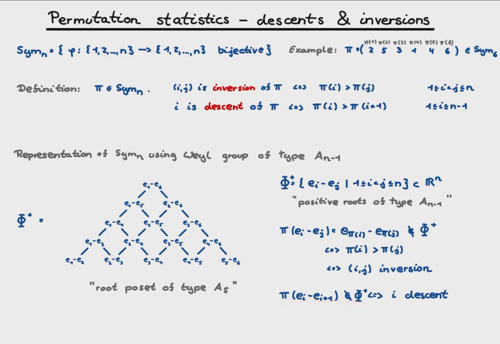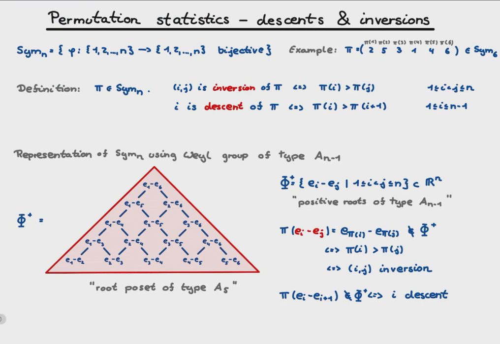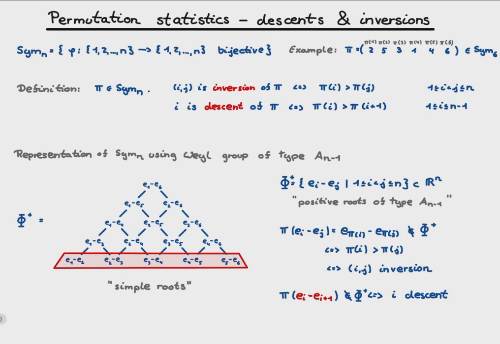To make it even more vivid, let's look again at the root poset on the left, because if considering the statistic of inversions, one needs to involve all roots of the root poset, because every entry of a permutation is compared to all entries of its right side. And in the other case, being interested in descents, one only considers the first row of elements within this root poset, which are called simple roots.